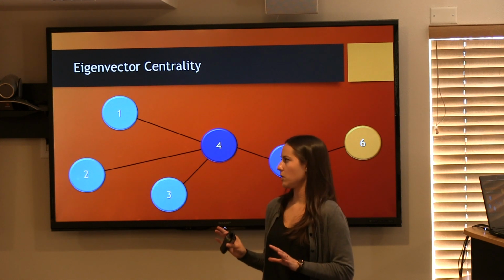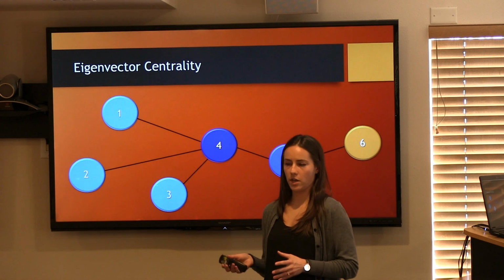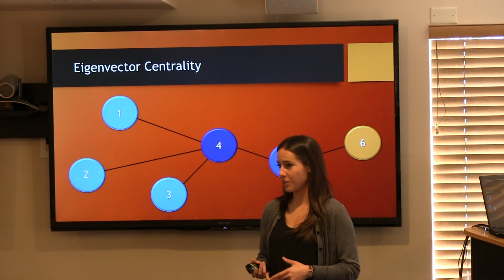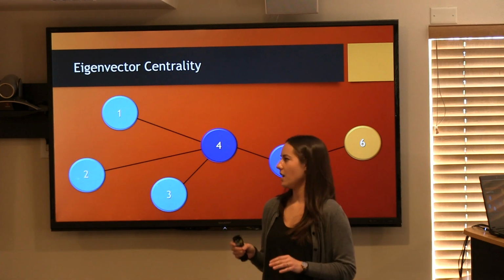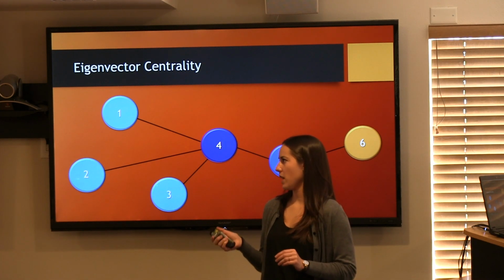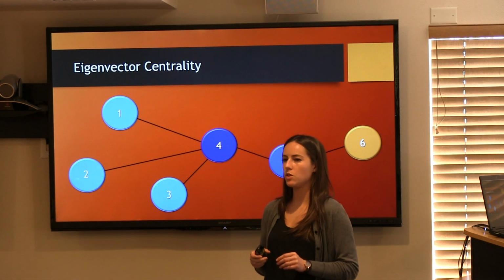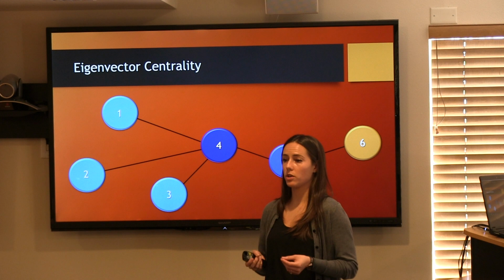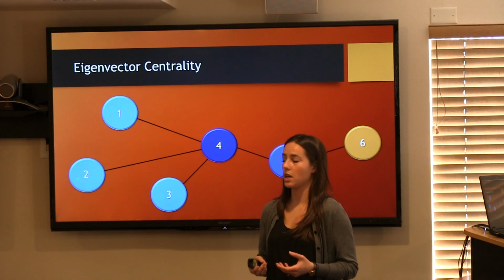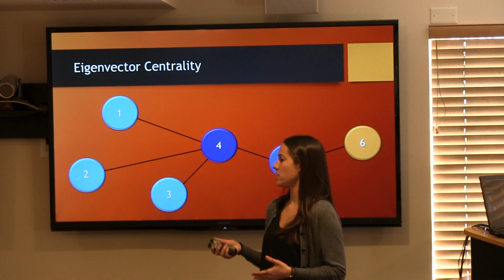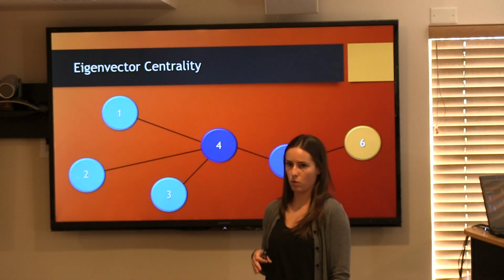So in this particular example, node 4 would have the highest eigenvector centrality, because not only does it have the most connections, but its connections have more connections than others. Node 5 would have the second highest level of eigenvector centrality, because even though it has fewer connections than 4, it has a very high quality of connections, we could say. It has higher quality connections than nodes 1, 2, and 3, which have a lower eigenvector score than 4.